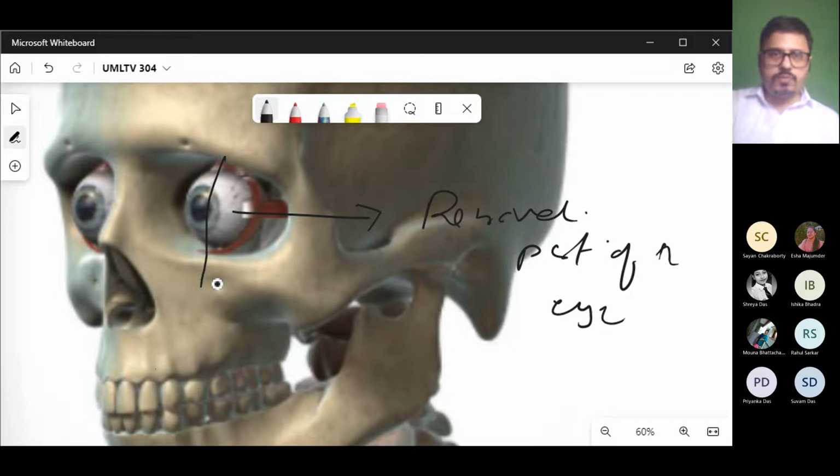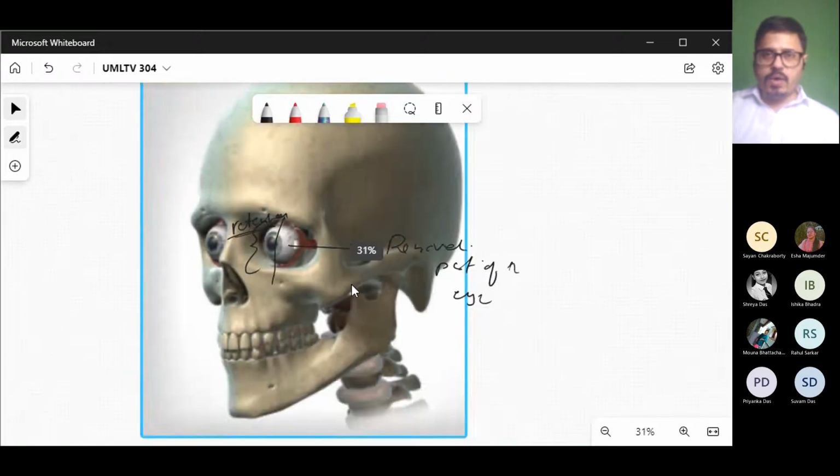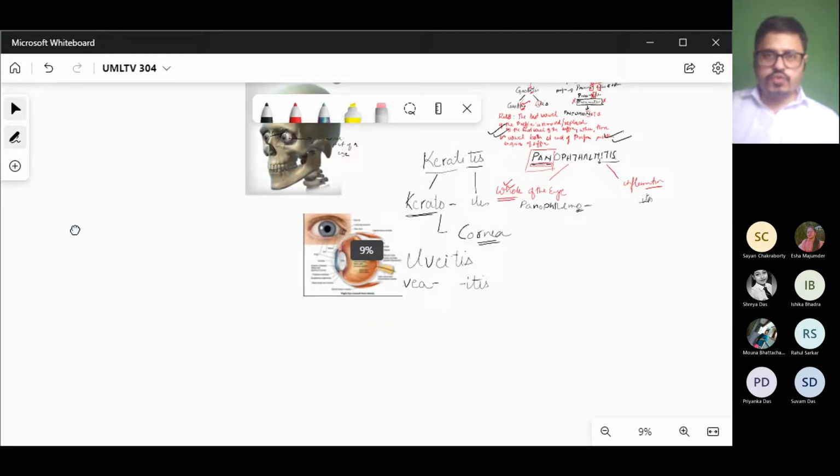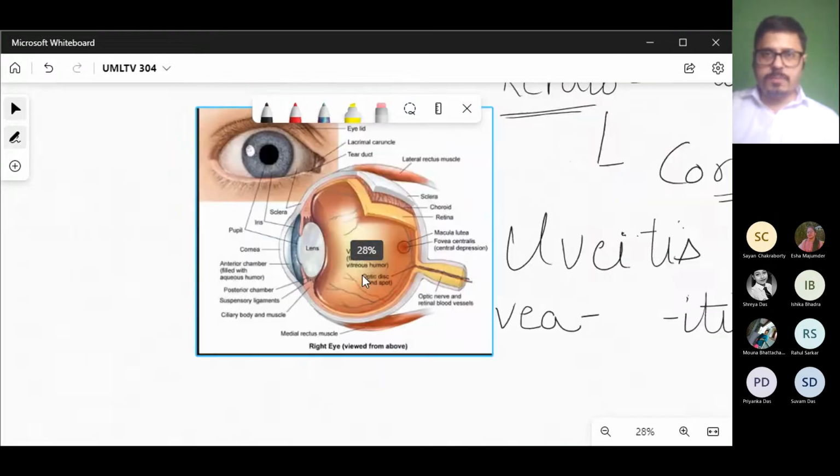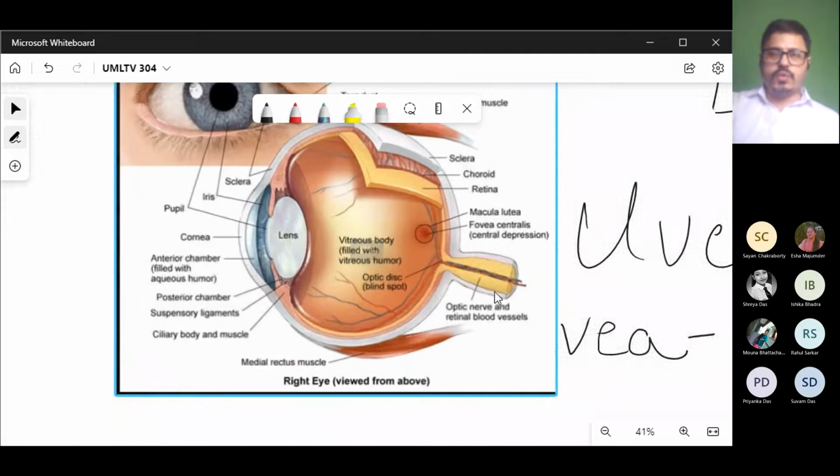So this part would thus be retained. Got it? So the diagram at the bottom is basically showing you the retained part, that means the structures present inside the eyeball. Did you now get first the orientation of the diagram? That what this diagram is telling you all about.